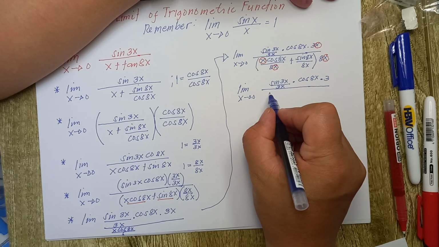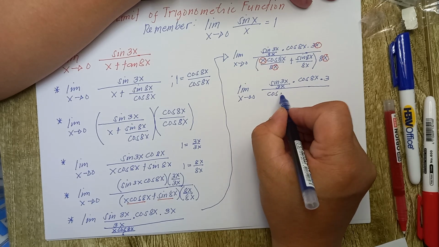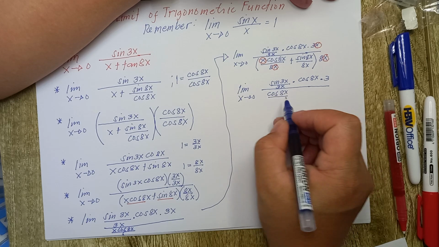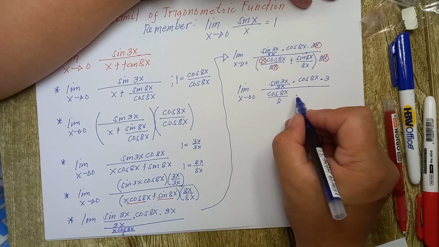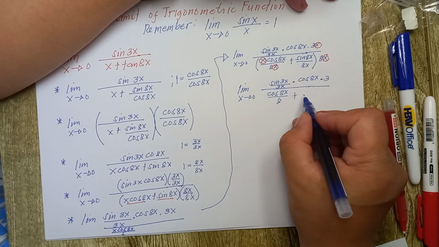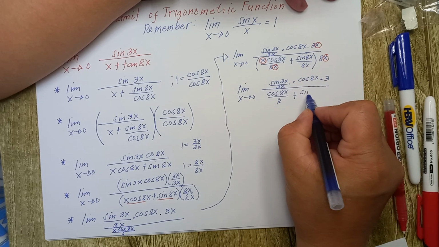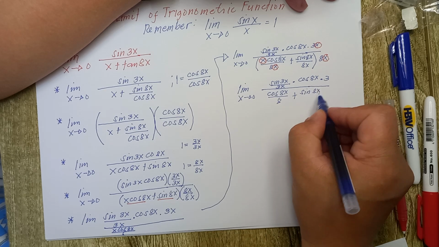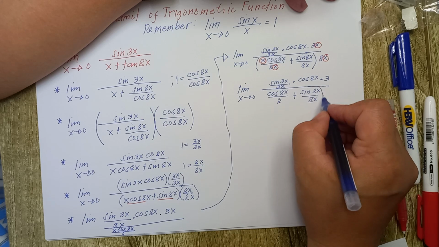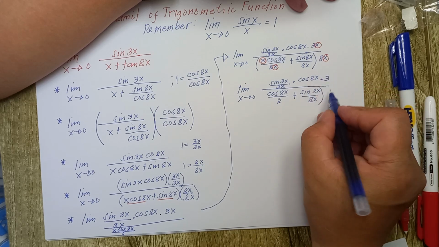What about in here? We have cosine 8x over 8, plus we have in here sine 8x over 8x. Remember that it is over 8.